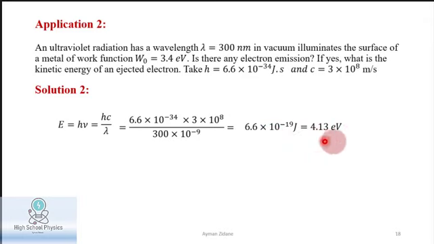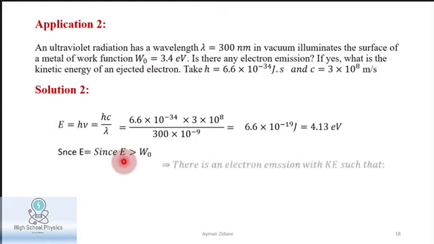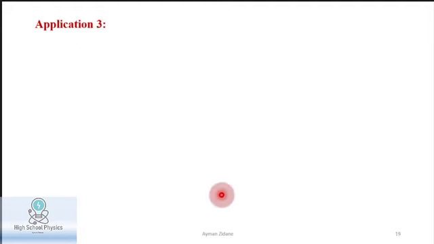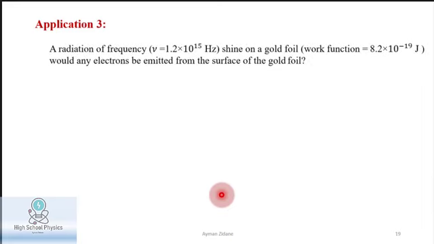Okay, you compare this value to the work function, so you can conclude that the energy is greater than W0, so we have photoelectric effect. Okay, the kinetic energy of the electron is the difference between E of the photon, energy of the photon, and W0. Application 3.